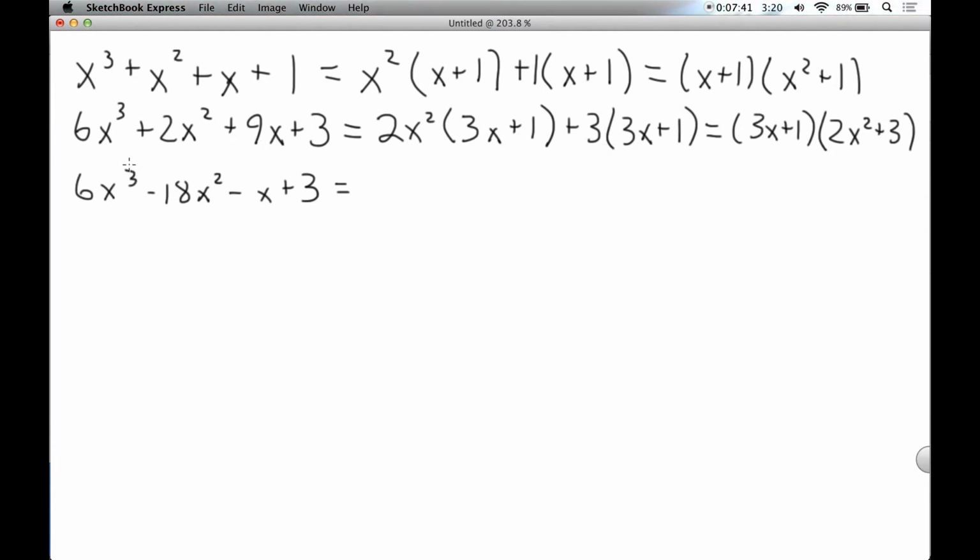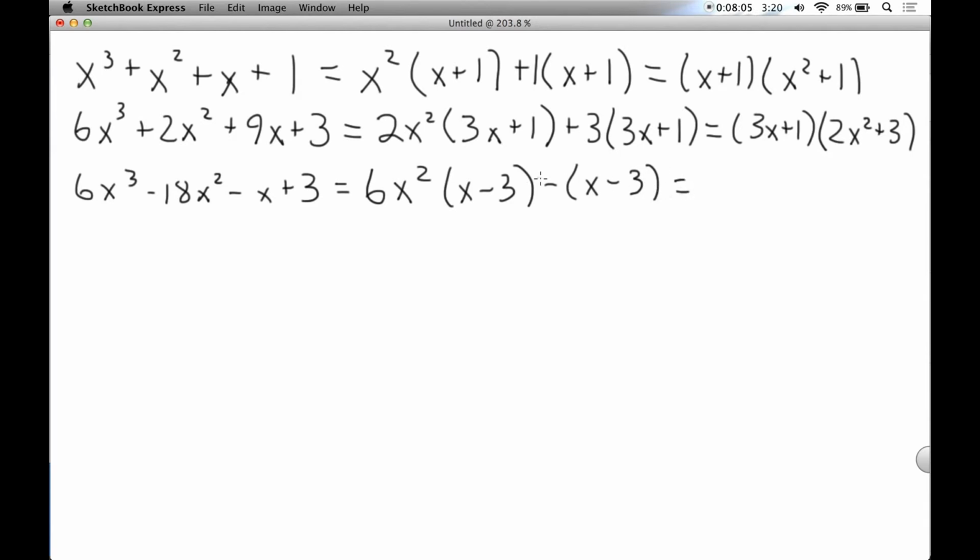Okay, now here we are going to factor out from the first 2 terms 6, and then we can also factor out x squared, and we'll be left with x minus 3. And now here you can see we have 3 minus x, so that means we just have to factor out a negative, so it becomes x minus 3.